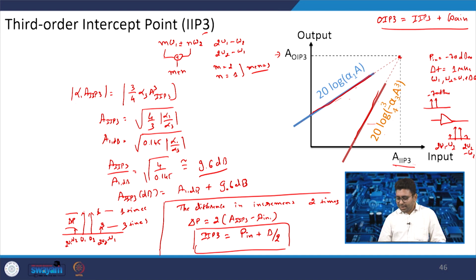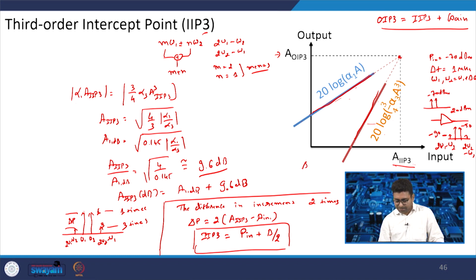So, you will get the power here: if this is minus 70 dBm and the gain of this amplifier is around 20 dB, you will get around minus 50 dBm, and if you have a third order term which is around minus 90, then the difference between these two is 40.